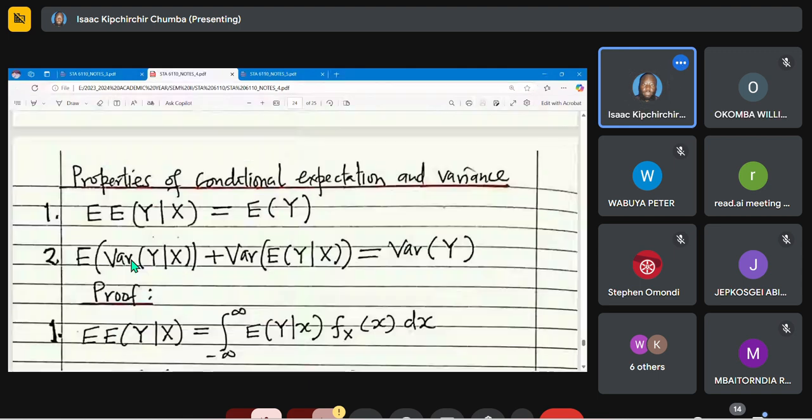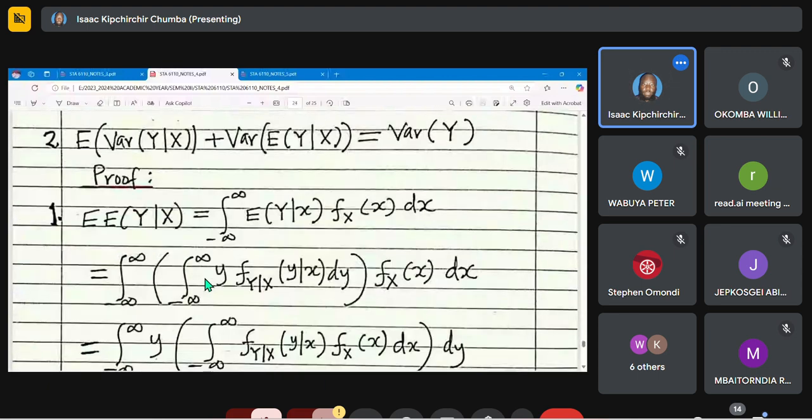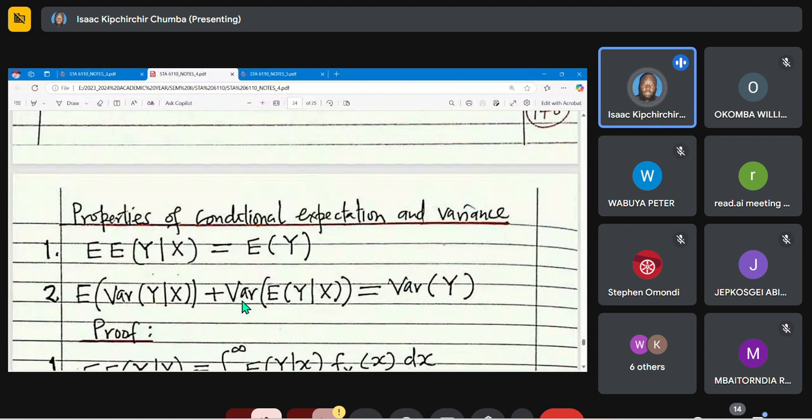That is number one. Number two says, number one was just about the means, the conditional mean of y given x.